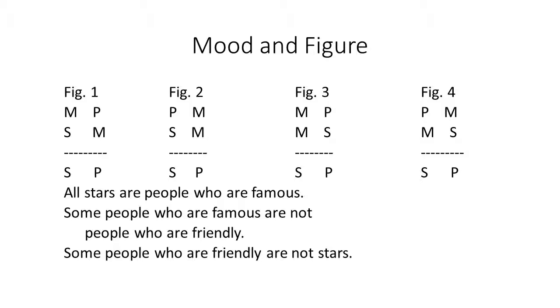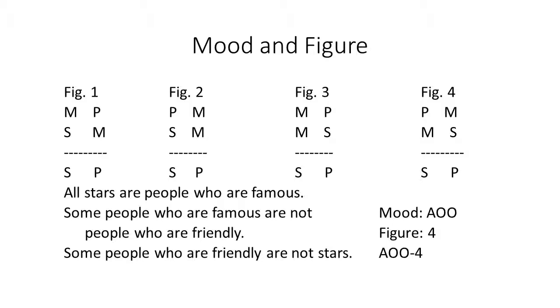All right, so here's our argument. All stars are people who are famous. Some people who are famous are not people who are friendly. Therefore, some people who are friendly are not stars. So what is the statement type for our first premise? It's A. What about for our second premise?